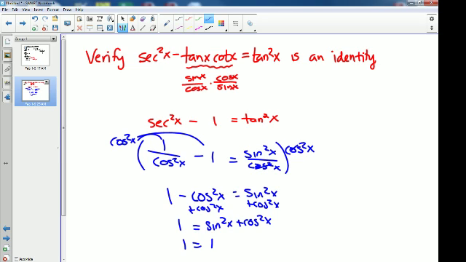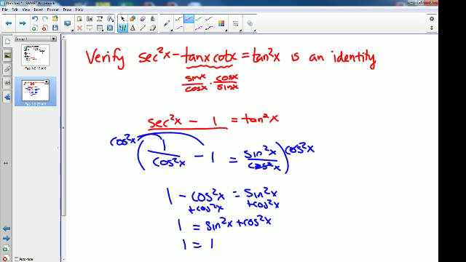What about this one? Is there an identity for that right there? There is. Do you know what it is? If you look at your sheet, it's just 2 plus 1.